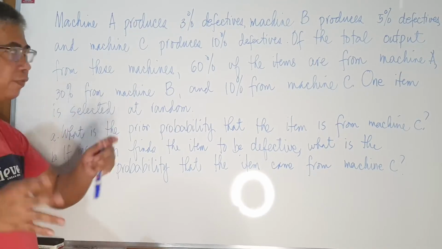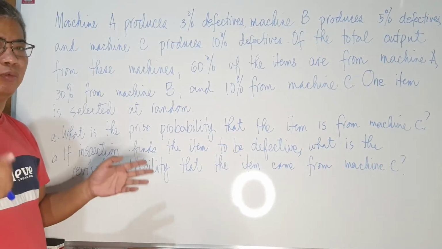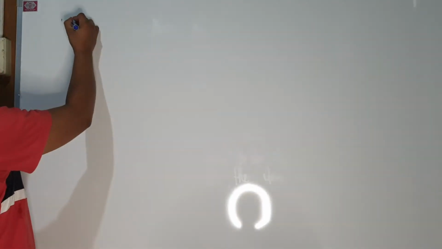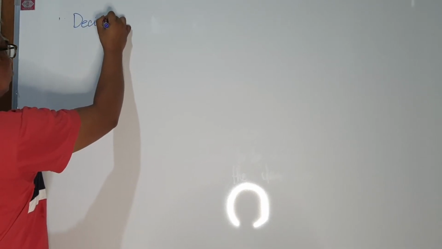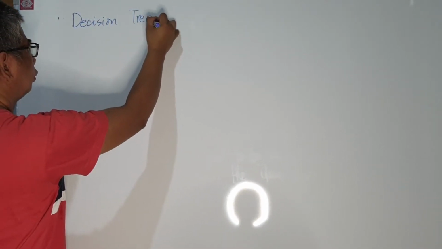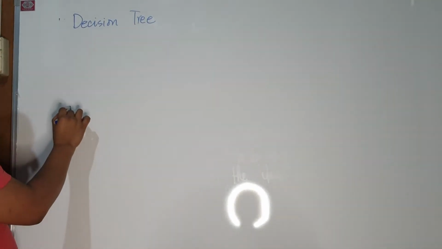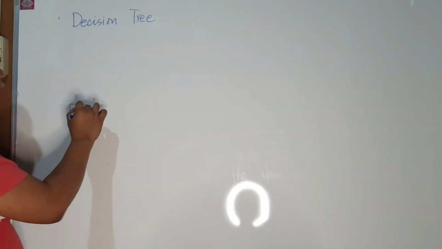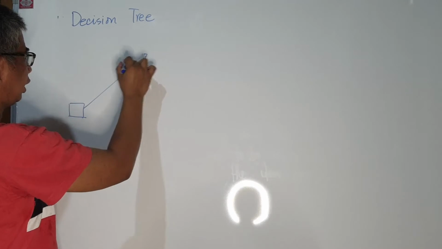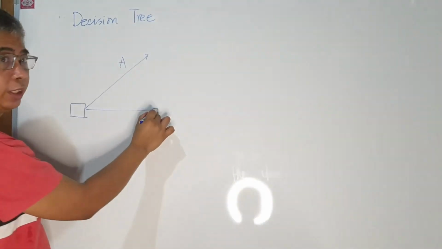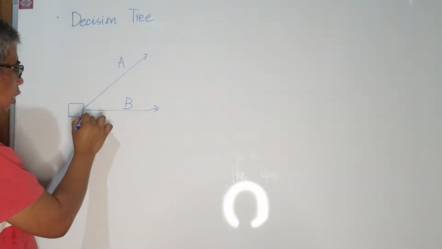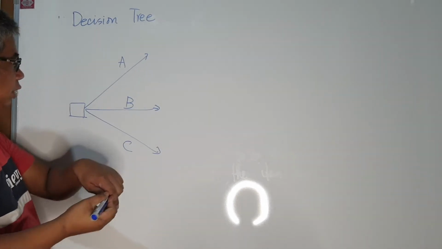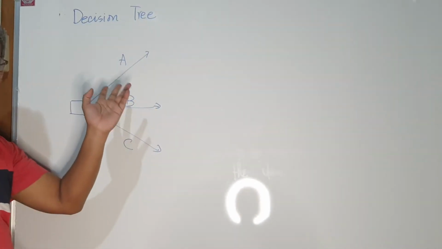So we now solve the problem using Bayes theorem and we make use of the decision tree. Okay? To solve the problem, we make use of decision tree. Okay? So sa decision tree, we make use of rectangle to represent there is a decision alternative. Ano yun? So, pwedeng galing sa Machine A, pwedeng galing sa Machine B, at pwedeng galing sa Machine C. Tapos, each machine, dalawa ang state of nature natin.